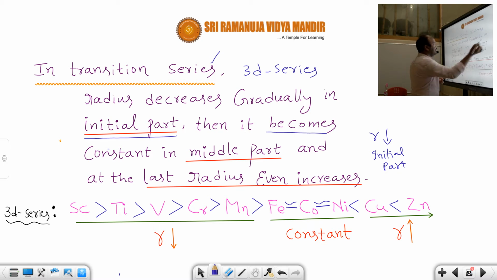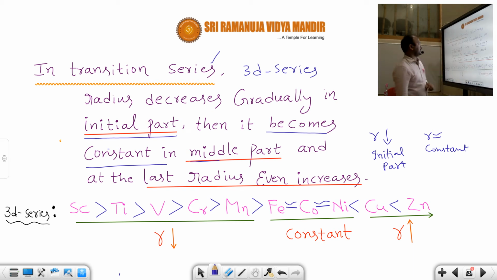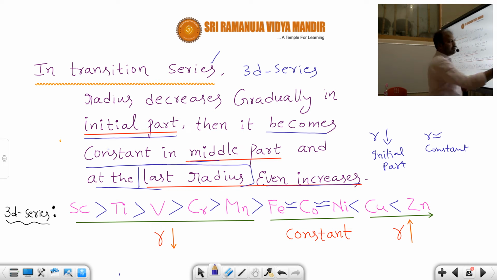But it becomes constant in the middle part. The radius becomes constant, and in the last part it even increases.